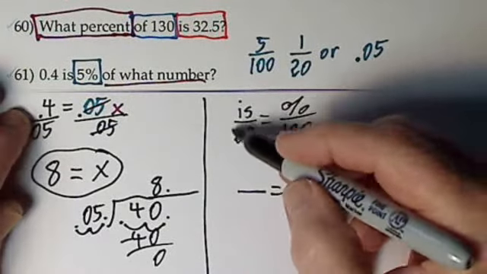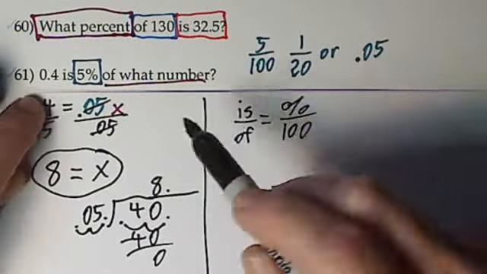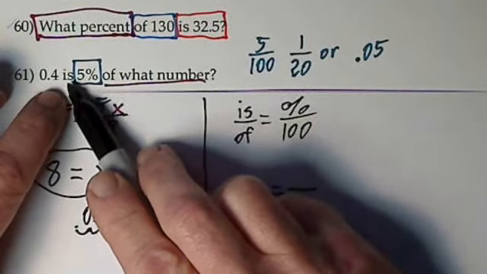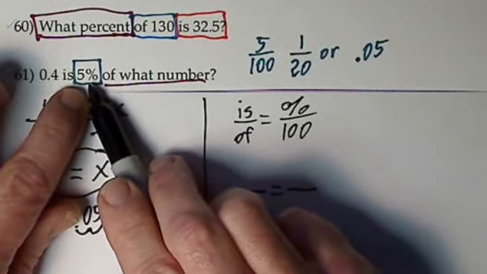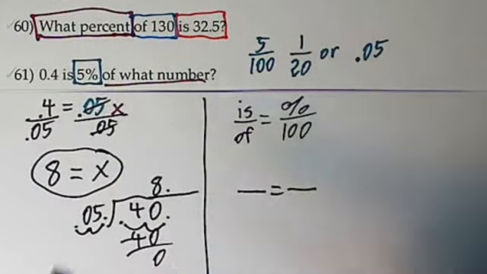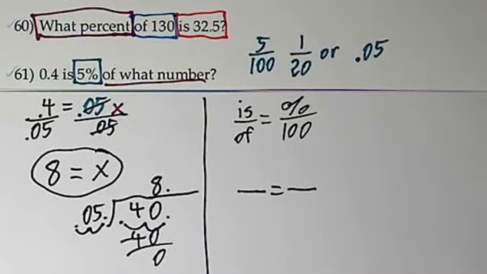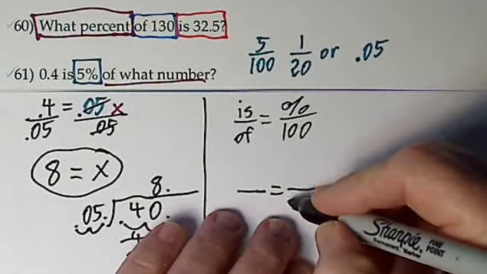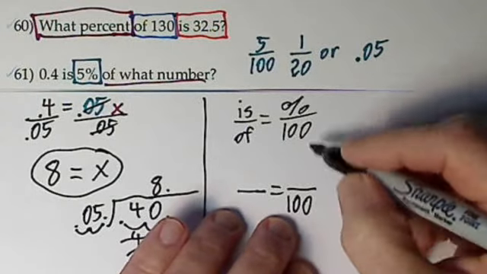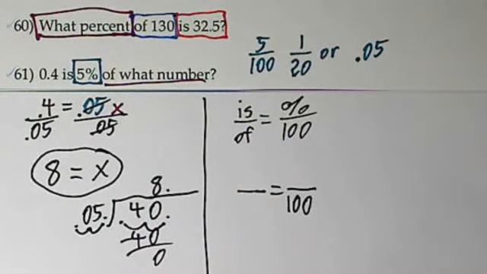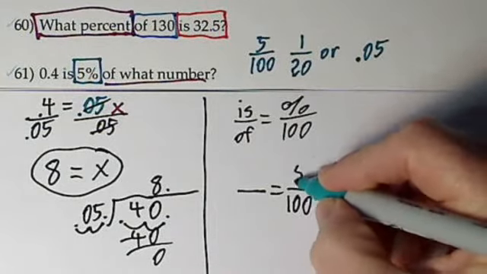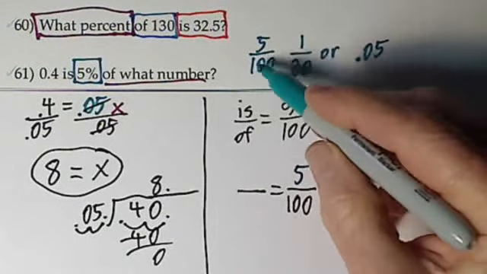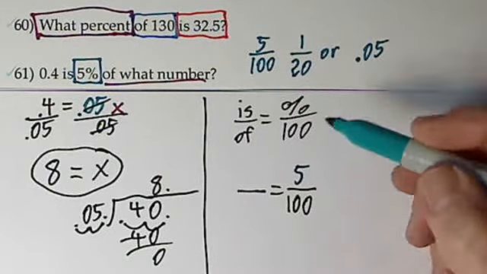Alright, so just using these though, is over of. Is is sandwiched between two numbers, but I'm certainly not going to make it the percentage, okay? So 5%. Oh, you know what? I should put in my 100 before I even start because I know it's going there. Okay, it's always going to sit there. So this is 5 over 100. Alright, notice it's one of the three options we had anyway.